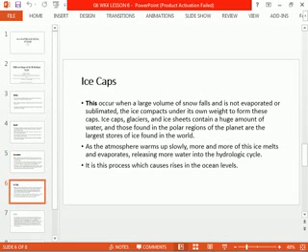Another process is about ice caps. This occurs when a large volume of snow falls and is not evaporated or sublimated. The ice compacts under its own weight to form these caps.